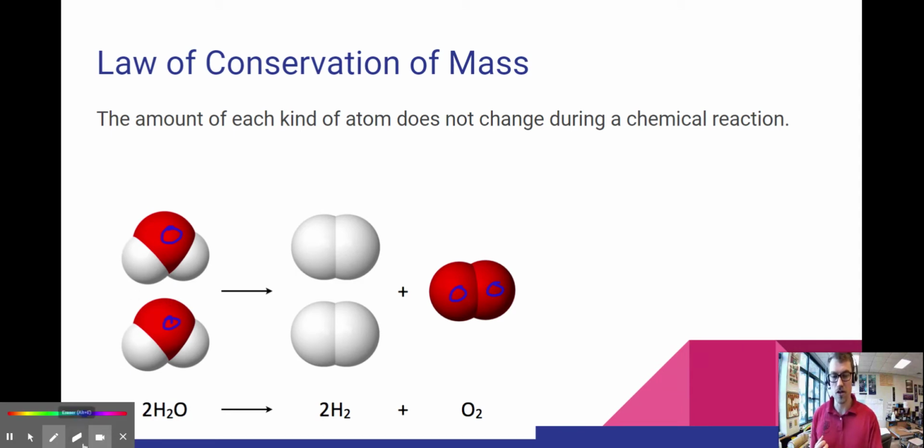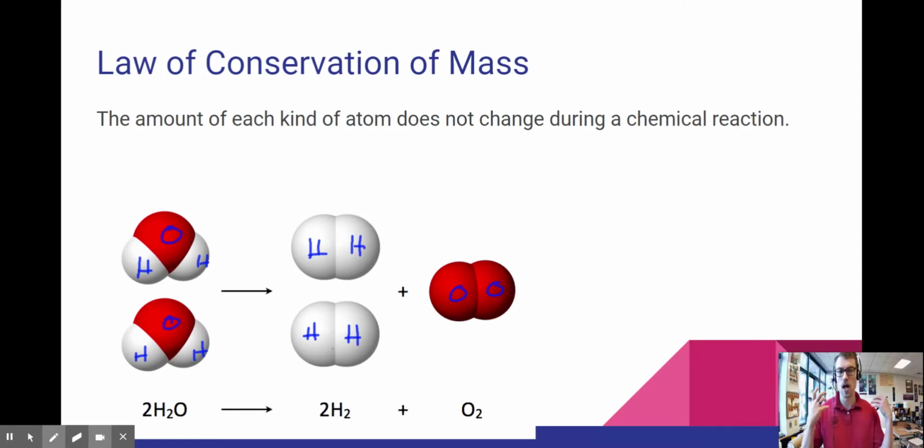If we take a look at the hydrogens, we have 1, 2, 3, 4 in the reactants, and then we have 1, 2, 3, 4 in the products, okay? So the law of conservation of mass states that when we go through a chemical reaction, the number of total atoms of each kind is going to stay the same. However many you have on the reactant side, you need to have the same number on the product side.